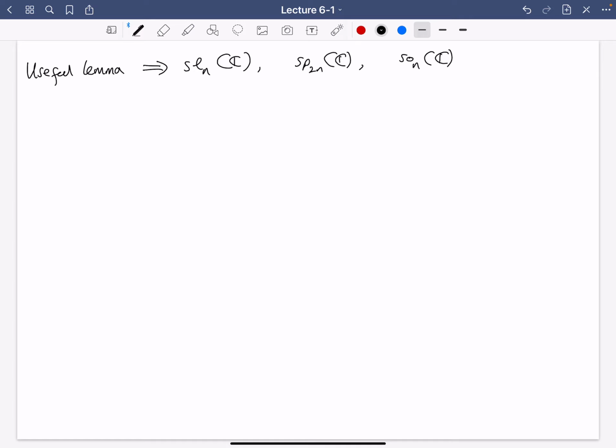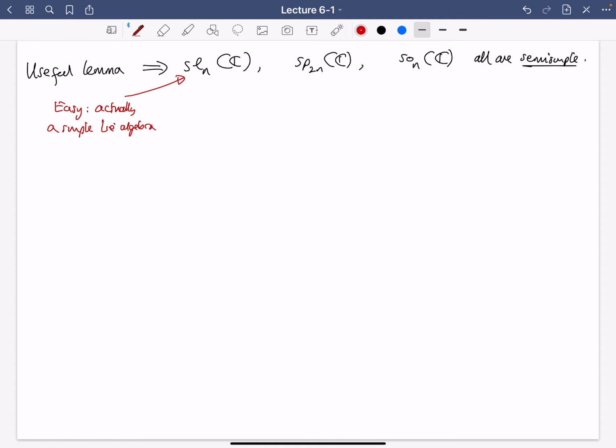So it showed that all of those are semi-simple Lie algebras. I guess we really didn't need the lemma for SLN. It's very easy to show that the Lie algebra SLN is actually a simple Lie algebra right away.